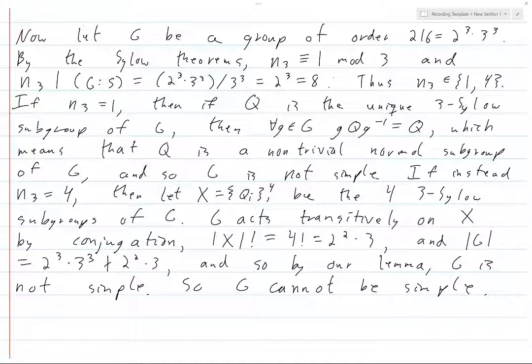And then the other fact is that G acts transitively on the p-Sylow subgroups by conjugation. That's also very powerful. So anyways, that's how you do these types of problems, and more specifically, how you do this problem. And we are done.